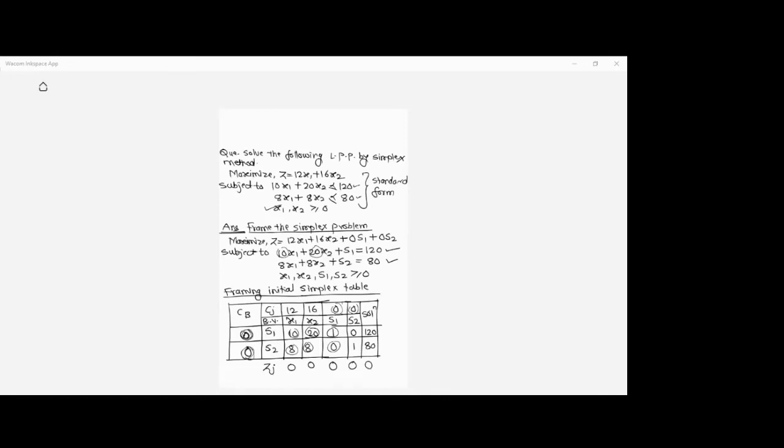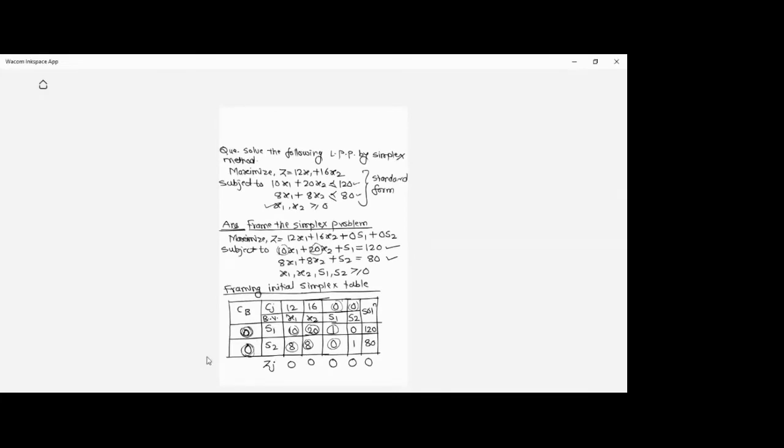Now that we have completed this, firstly we have to check whether this is an optimal solution or not. For a maximization problem to have an optimal solution, all cj minus zj values should be less than or equal to 0.